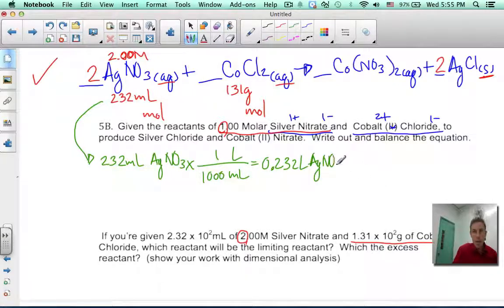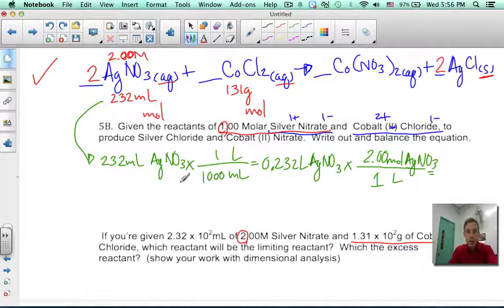And then I'm going to say, well, if I have a 2 molar solution, what that means is, molarity means I have moles over liters. I'm going to put my liters over here. I'm going to put moles of silver nitrate here. And I have 2 for every 1. This is an absolute value 1. It's not an estimated number.